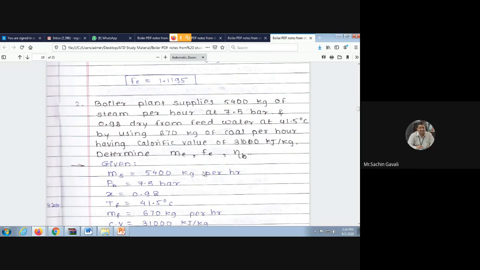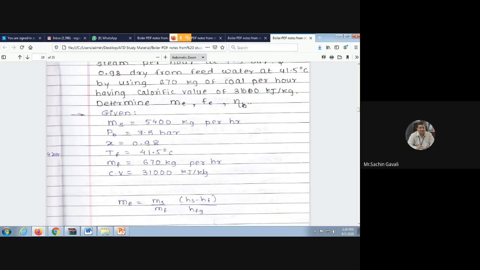Determine equivalent evaporation, factor of evaporation and boiler efficiency.